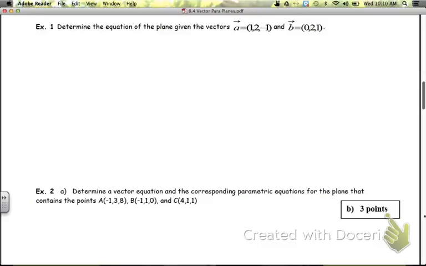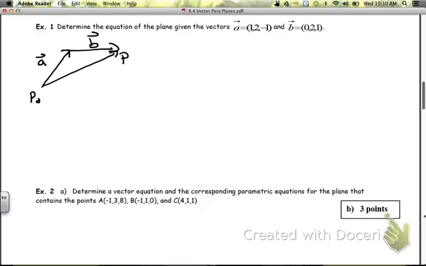Now we will begin looking at our first example. We want to determine the equation of the plane given our 2 vectors a and b. We have our vector a here and our vector b. We know we're going to go from one point to the other, so we want to find what that vector is.